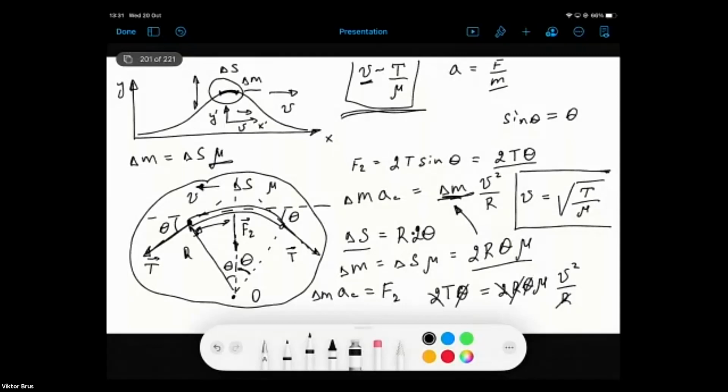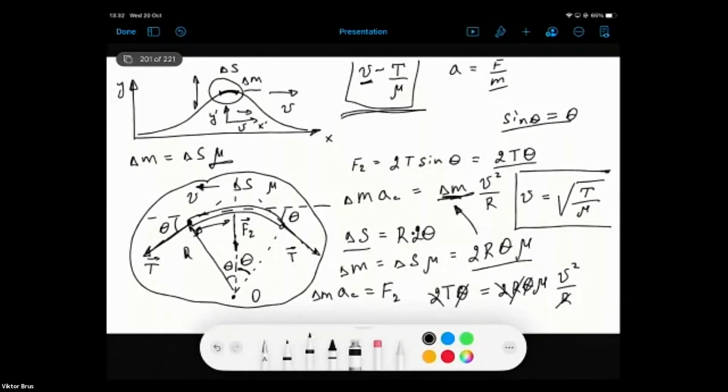The key thing which should be mentioned here is that we considered a small amplitude pulse, because that comes from this condition when we substituted sine theta with theta.